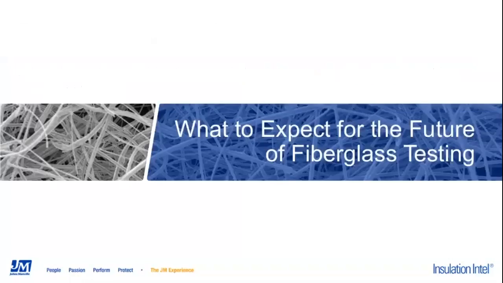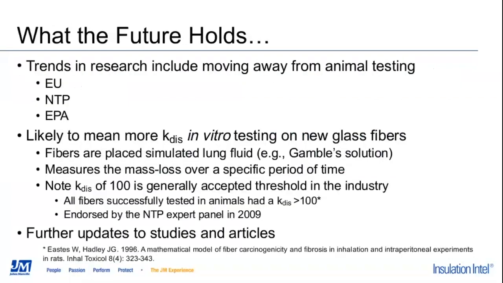Thanks, Kim. With all that in mind, what do we see in the future as far as fiberglass testing is concerned? We do know that there are a couple of definite trends. Probably the most important one is that the industry and the regulators, everyone, will be moving away from animal testing. We're seeing this in the EU, at the NTP, and even at EPA.